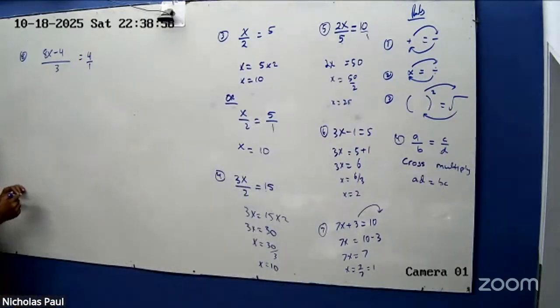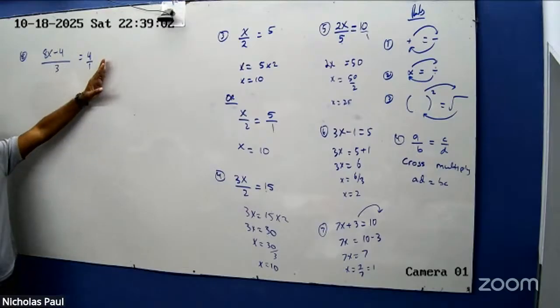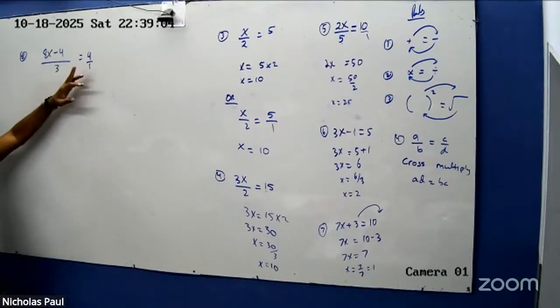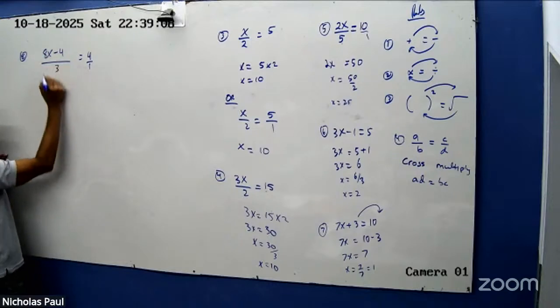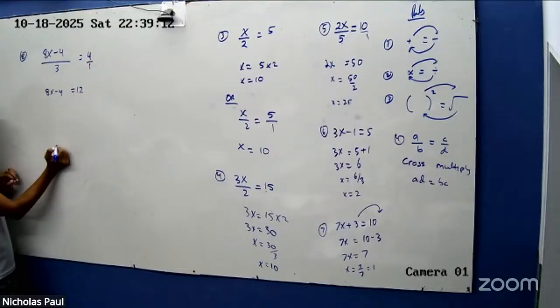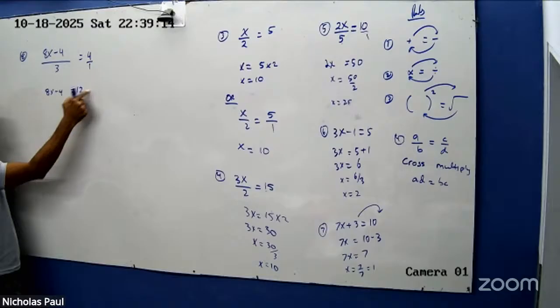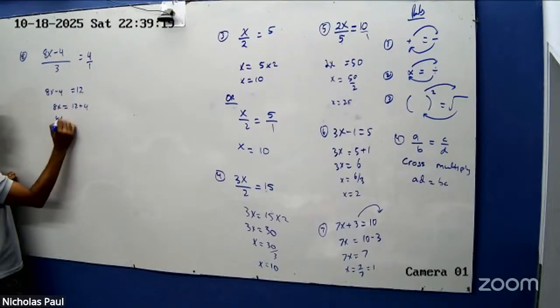Cross multiply. So you could cross multiply or you could multiply by 3. It's up to you. Carry the divide and it becomes multiply. So if you cross multiply, 1 by this is 8x minus 4. 3 by 4 is 12. Move across the minus 4, it becomes what? It becomes 16.